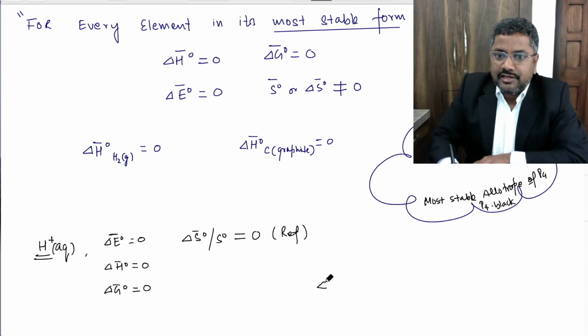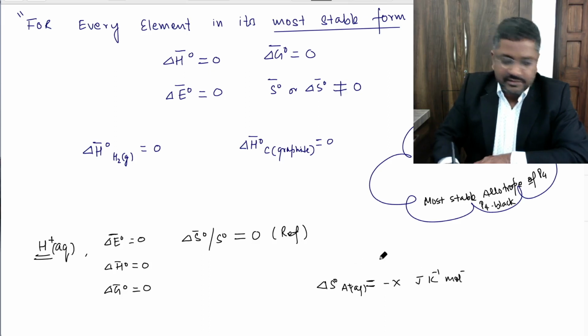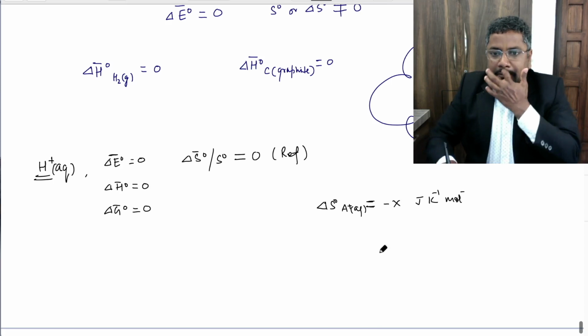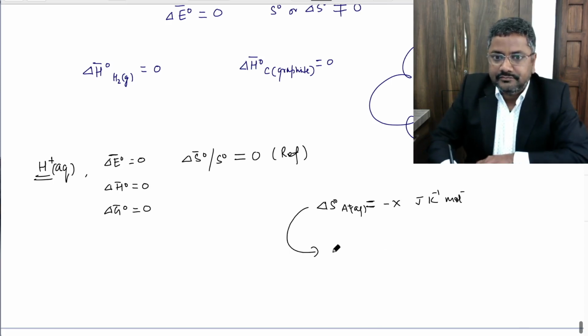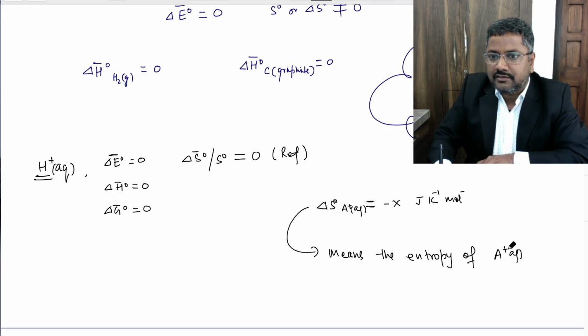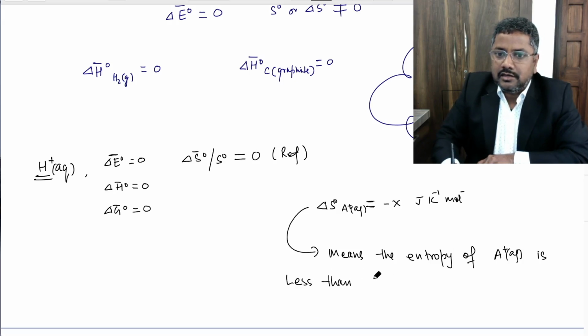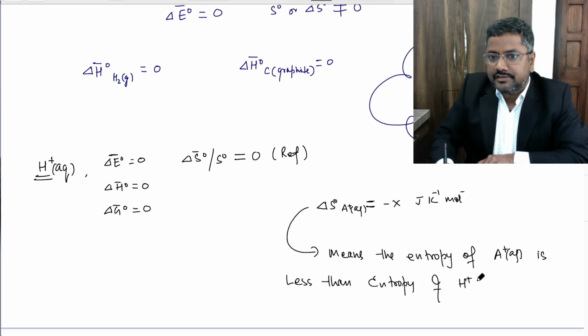So if the entropy change delta S naught for any ion, suppose A plus aqueous ion, is some negative value, suppose X joules per Kelvin per mole, what does it mean? It means the entropy of A plus aqueous is less than the entropy of H plus aqueous.